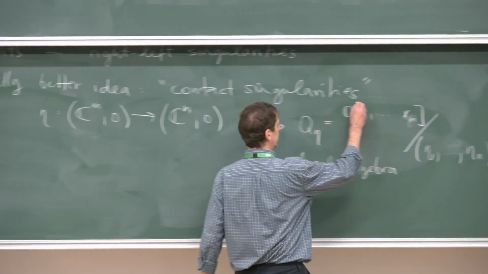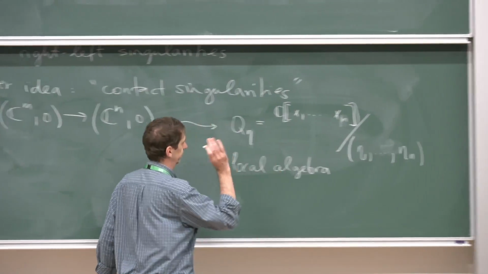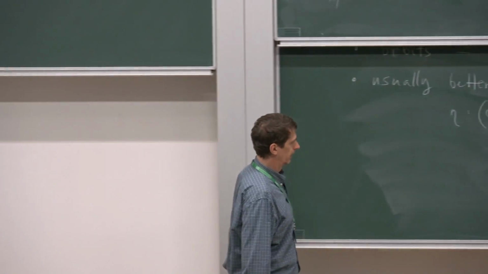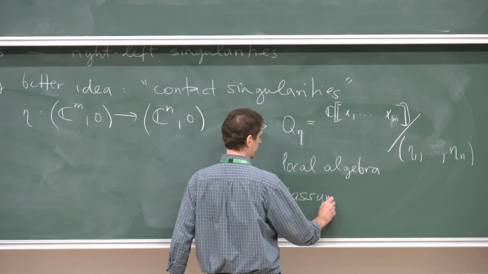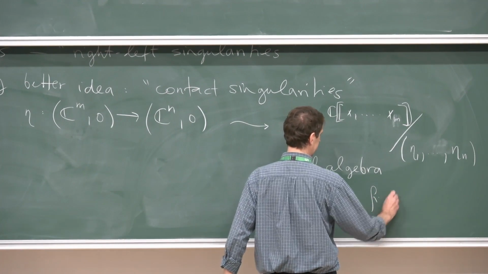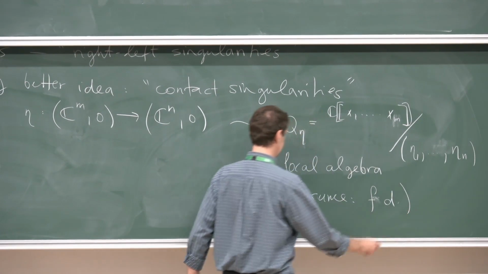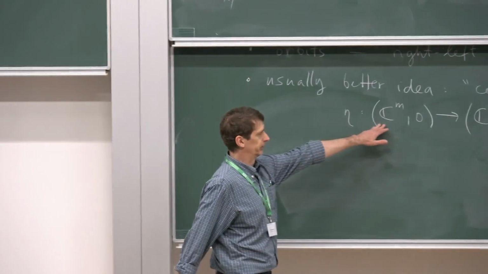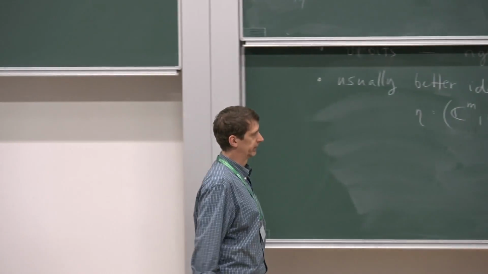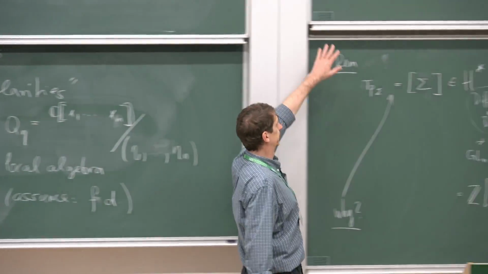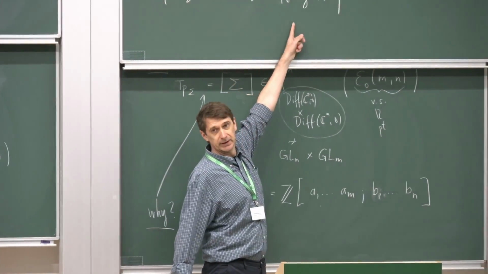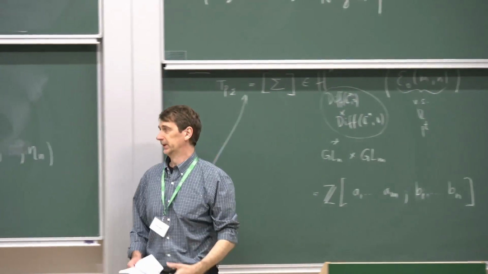Maybe more conceptual to write formal power series, whatever. We will assume from now on that this is finite dimensional. I will not consider those germs for which this algebra is infinite dimensional. This is also related to the fact that I'm only considering Thom polynomials in the story where a finite dimensional approximation is enough.